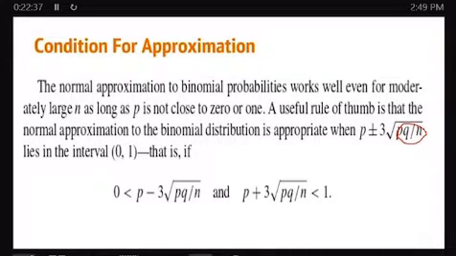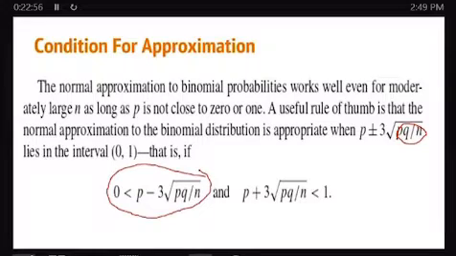Take a look at that. Now, this must be within 0, 1. Why does it have to be within 0, 1? Because a proportion is within 0, 1. Which means below the mean, we have to be greater than 0, and above the mean, we have to be less than 1. We have a rule here.